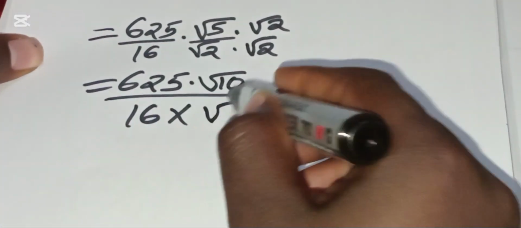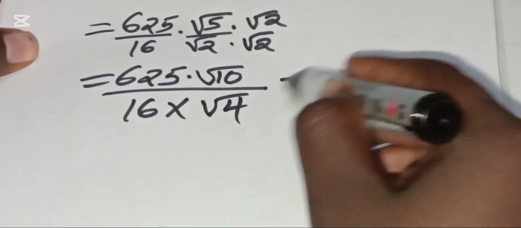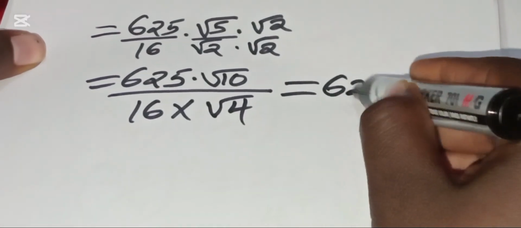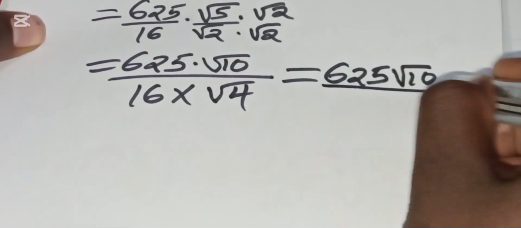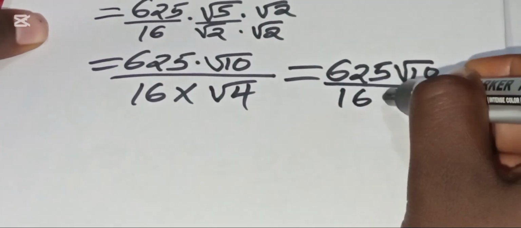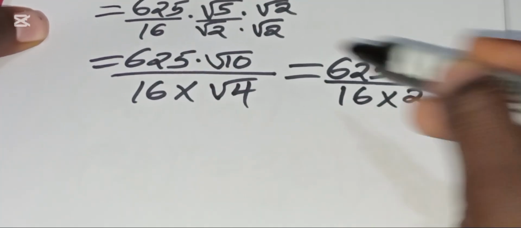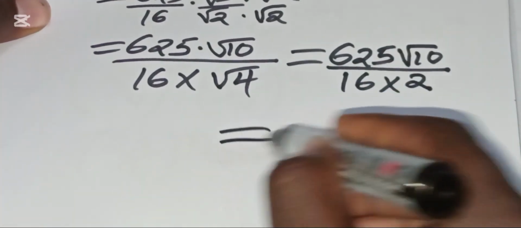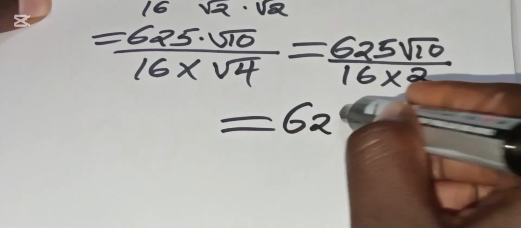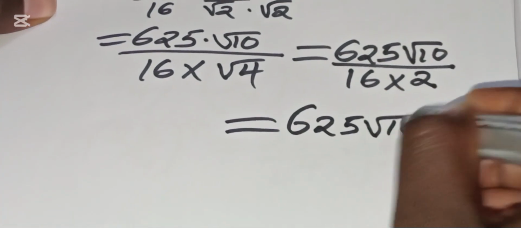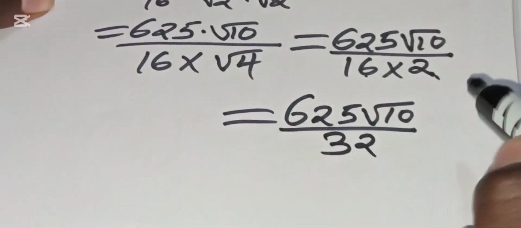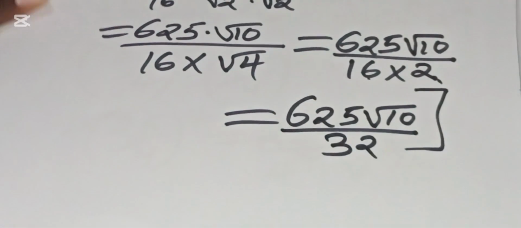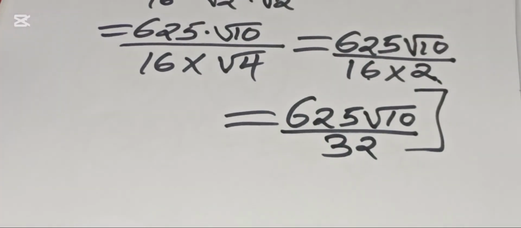This is the same as square root of 4, which is 2. And this gives us a solution which is 625 square root of 10 divided by 16 times 2, which is equal to 32. Okay, so this is the solution using method 2.